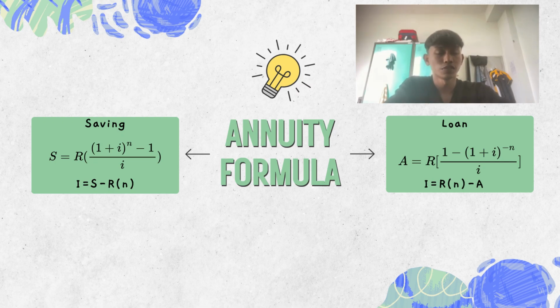To find the amount of interest, the formula is I equal to S minus R in bracket N. The other formula for case study for loan is A equal to R, open bracket 1 minus open bracket 1 plus i, the power of negative N, divided by i. To find the amount of interest for loan is I equal to R in bracket N minus A.